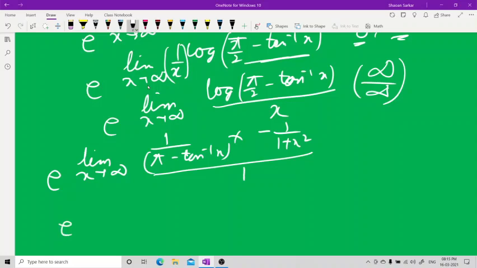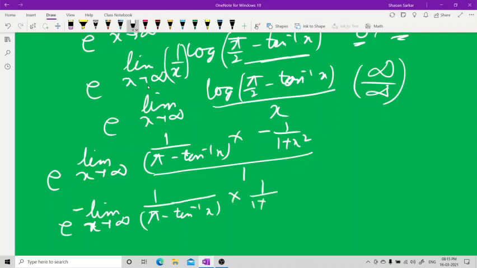Now this becomes e to the power of limit x tends to infinity of 1 upon (pi by 2 minus tan inverse x), minus you take out, into 1 upon 1 plus x square. This is x square. Now if you put infinity, this is pi by 2, by mistake I wrote pi.